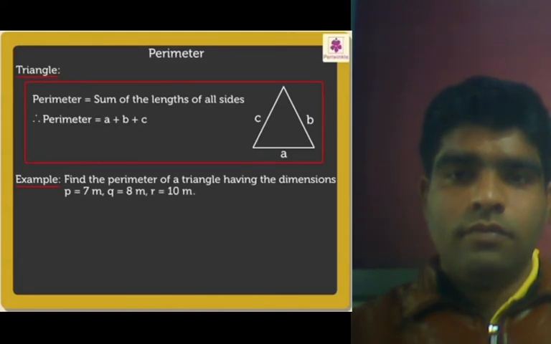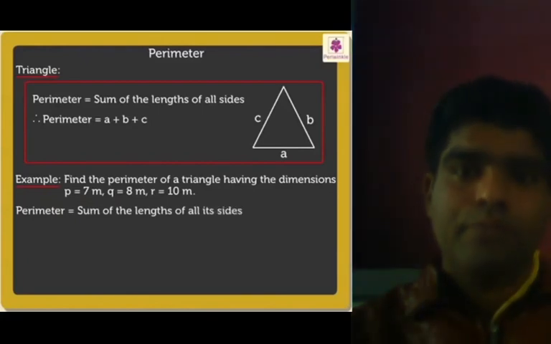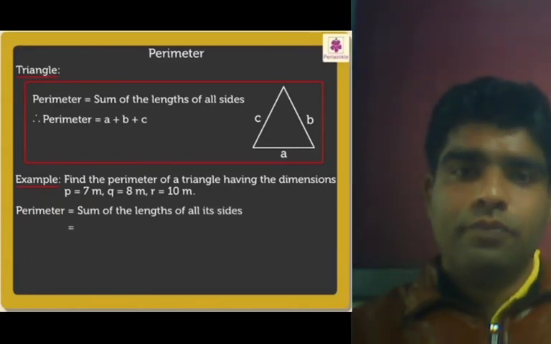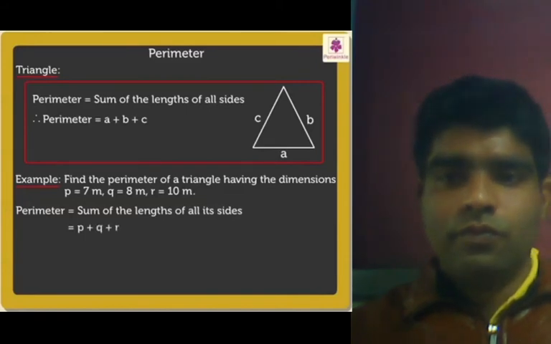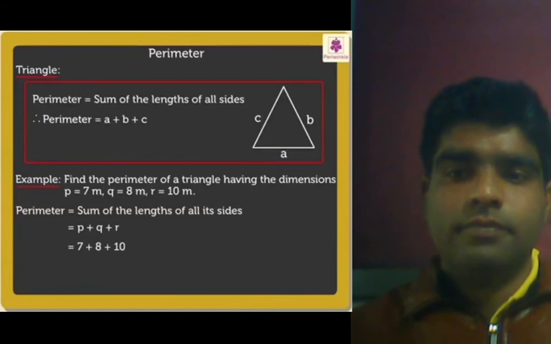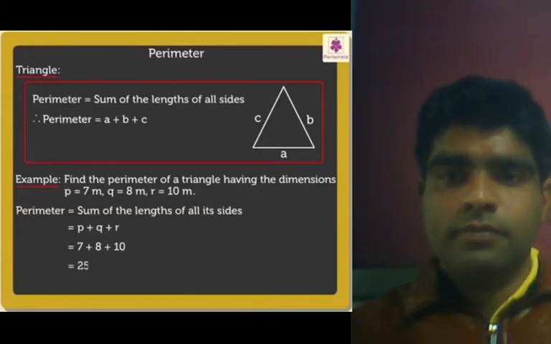We know that the perimeter of a triangle is the sum of the lengths of all its sides, which is P plus Q plus R. That is 7 plus 8 plus 10, which is equal to 25 meters. Thus, the perimeter of the triangle is 25 meters.